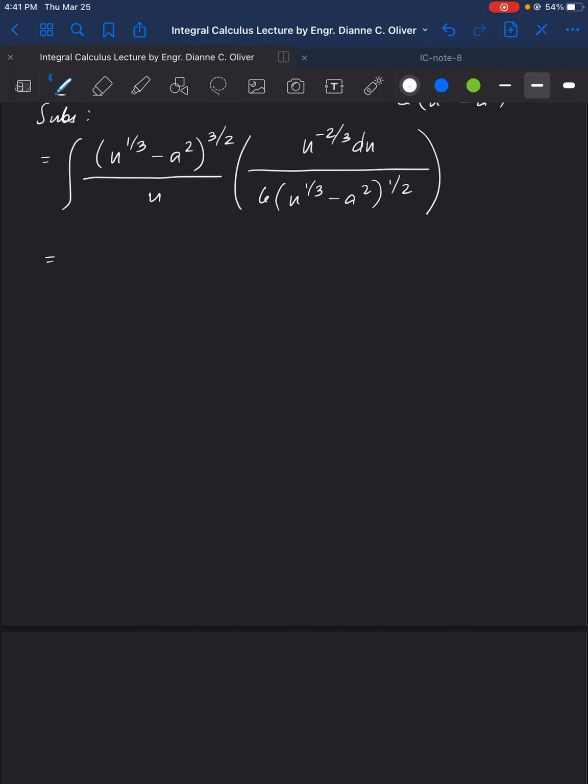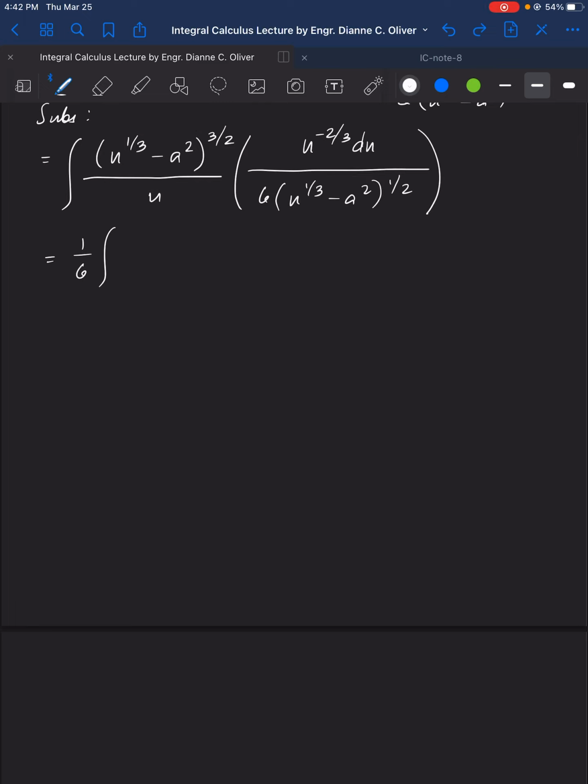So this is now equal to 1/6 integral of, okay, let's see, you can cancel off this portion here. They have the same base. So look at it closely. They have the same base.